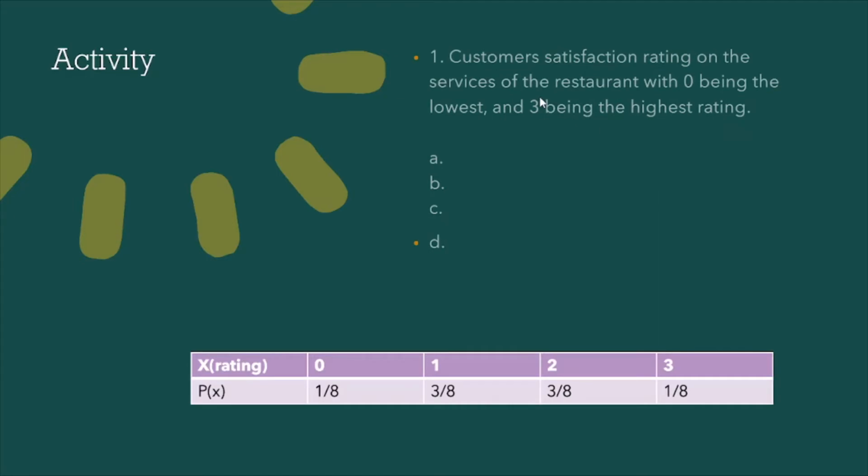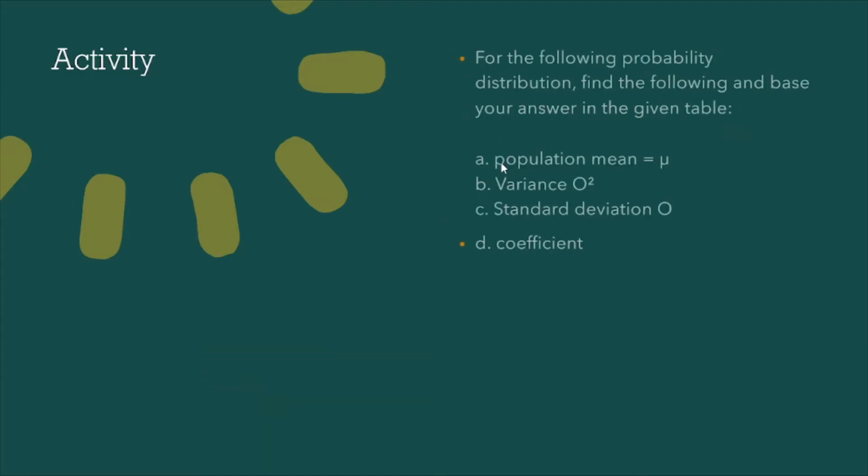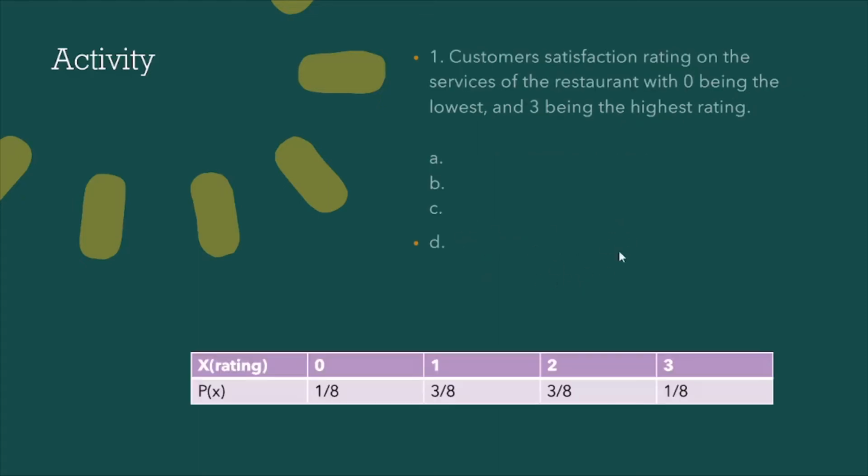For A, you need to find the population mean, or U. I call this U because it looks like a U shape. Variance, standard deviation, and coefficient.